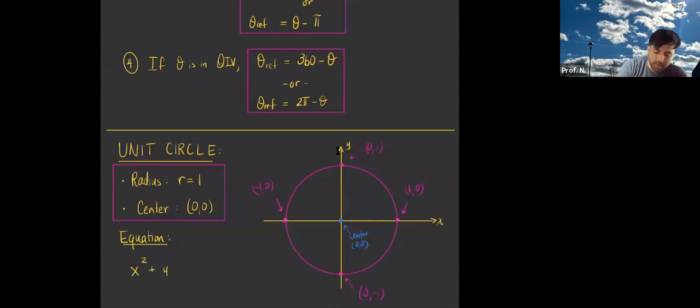It's x squared plus y squared equals 1. Okay, so that's the unit circle.